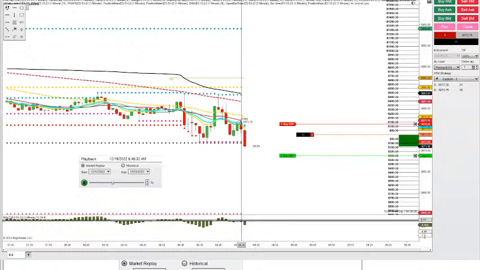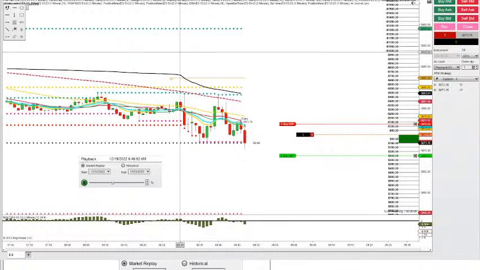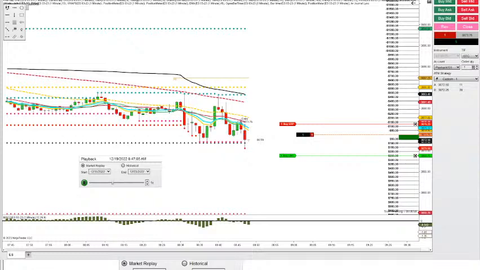Right, we have 13 ticks right now. And I think I have this set at 20 ticks.